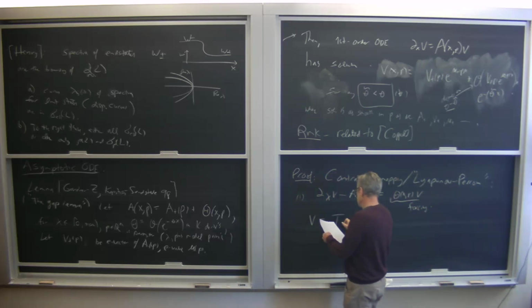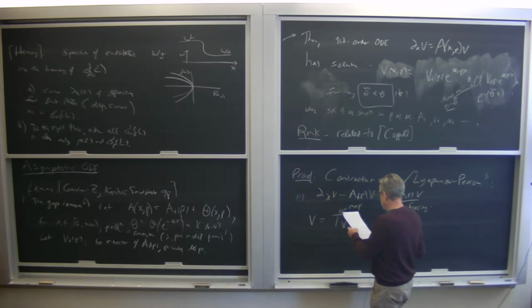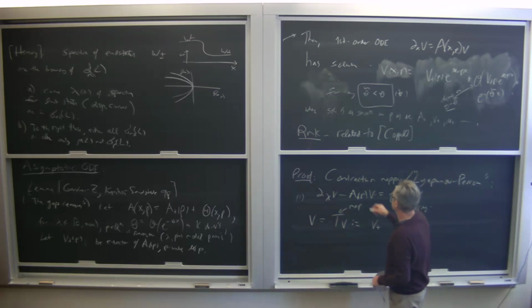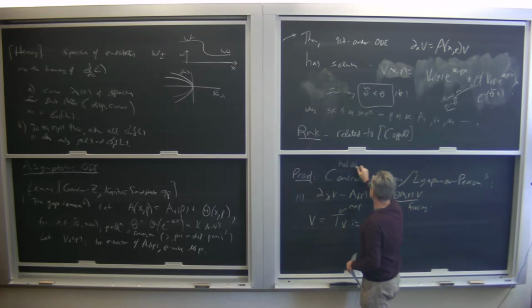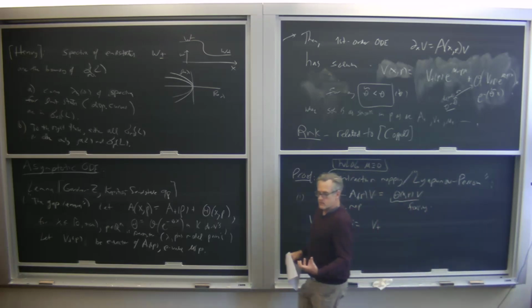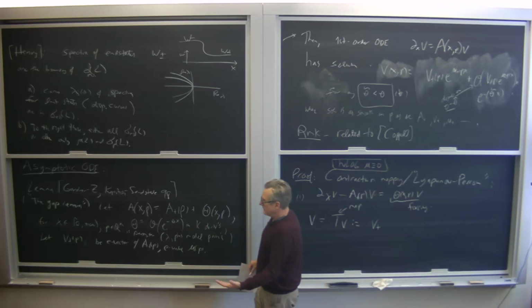So I'm going to try to find V equals T V. This is the mapping. And that is going to be defined as V plus, very important start: without loss of generality, mu equals 0. I can just do an exponential change of coordinates in x to make mu equals 0.